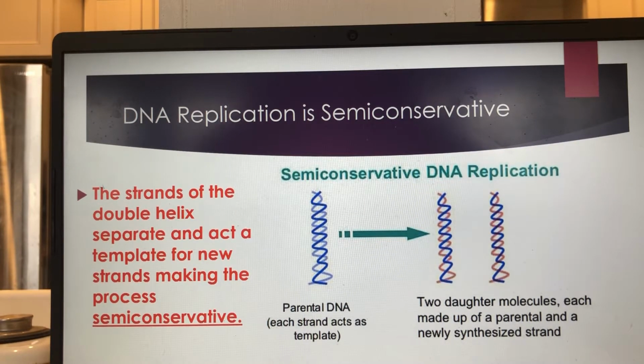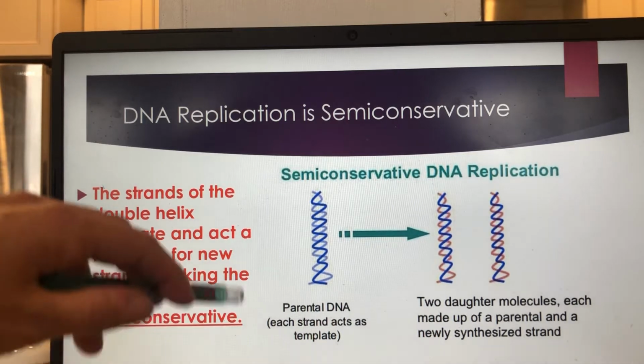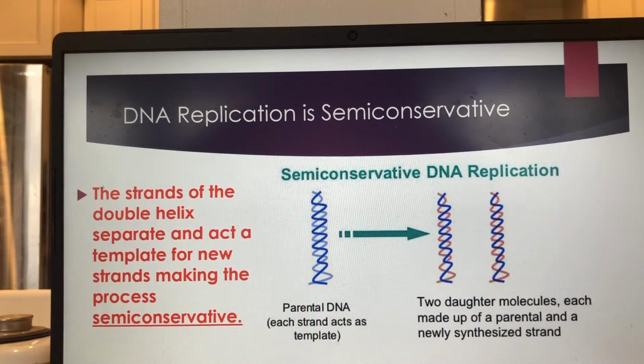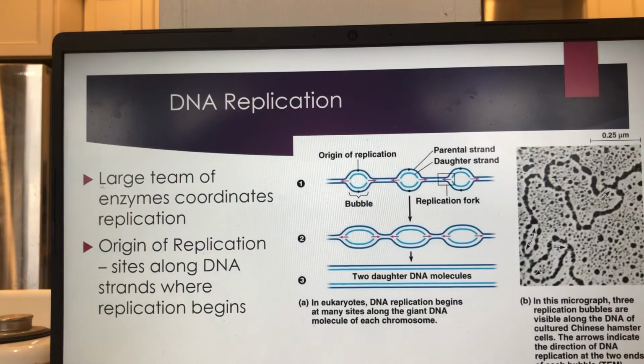In layman's terms, you take one of the old and it's used as a blueprint for the new. So each new strand has one old, one new. To use it in science words, you would describe it as the strands of the double helix separate and act as a template for new strands, making the process semi-conservative, okay?